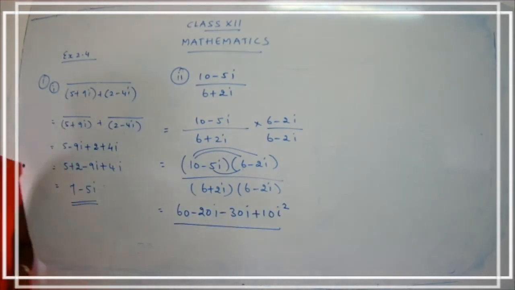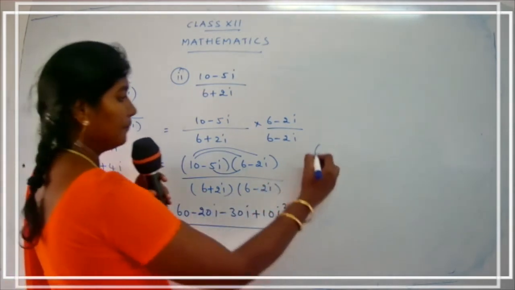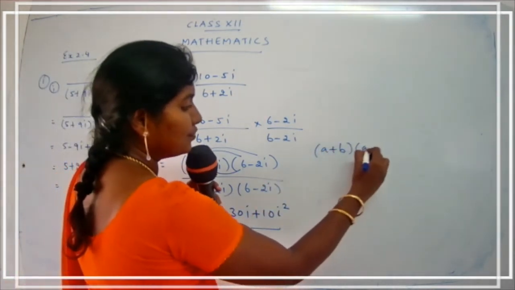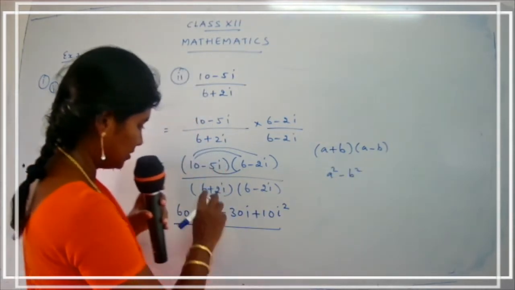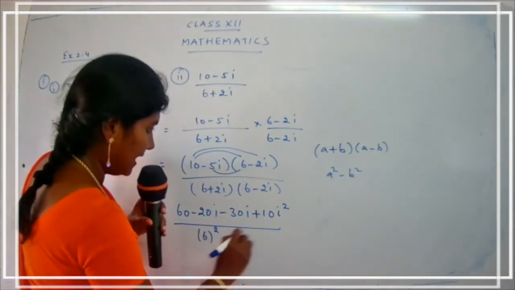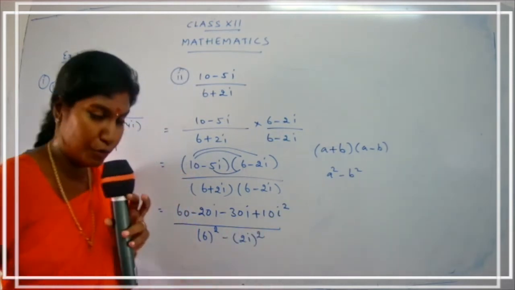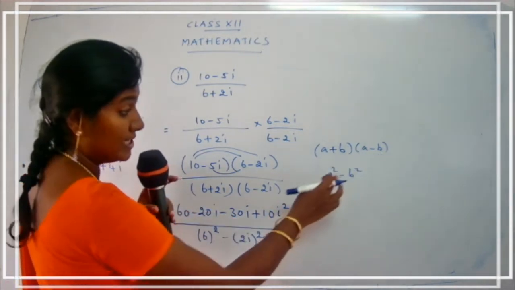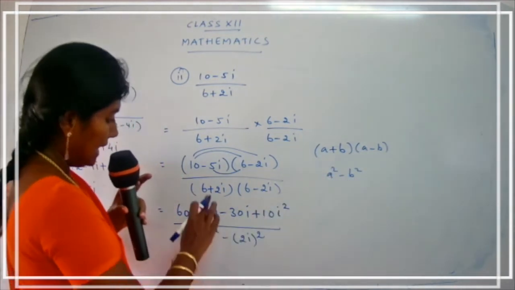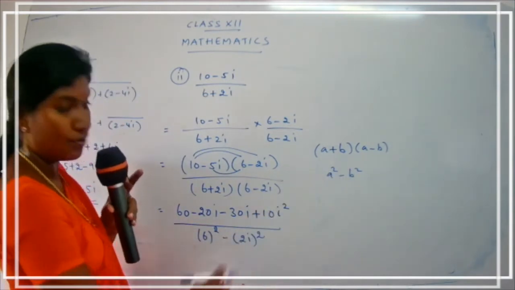This is of the form (a plus b)(a minus b). What is (a plus b) into (a minus b), children? Yes, a square minus b square. So 6 square minus (2i) the whole square. A is 6, so a square is 6 square, and b square is (2i) square.